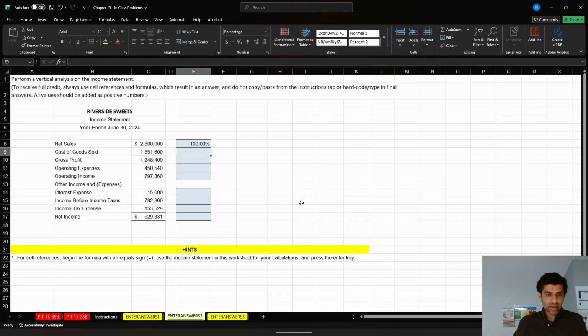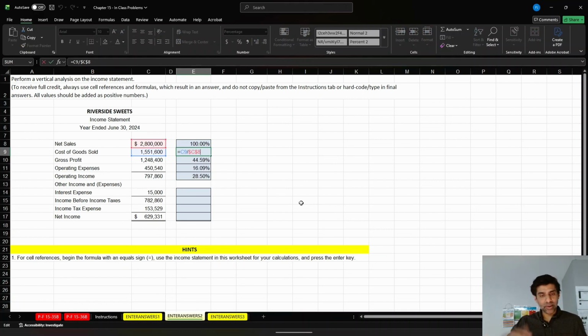So this formula is 100%, which, since we're using net sales as the basis, makes sense that this first line is going to be 100%. Now we can just apply the formula down. And you can now see that the top number, since it did not have the dollar signs, moved down, but the denominator stayed fixed on net sales.